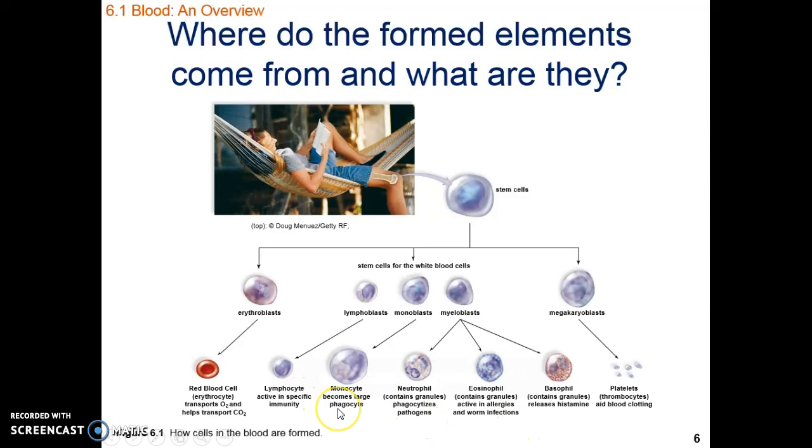And you have the monocytes, which are going to be phagocytes that come in and eat foreign material, bacteria, viruses, all those good things that are going to cause problems once they get inside of you. You have your lymphocytes, which are the B and T cells. We'll talk about that more in chapter 7. And then your red blood cells. All of these originate from the stem cell.